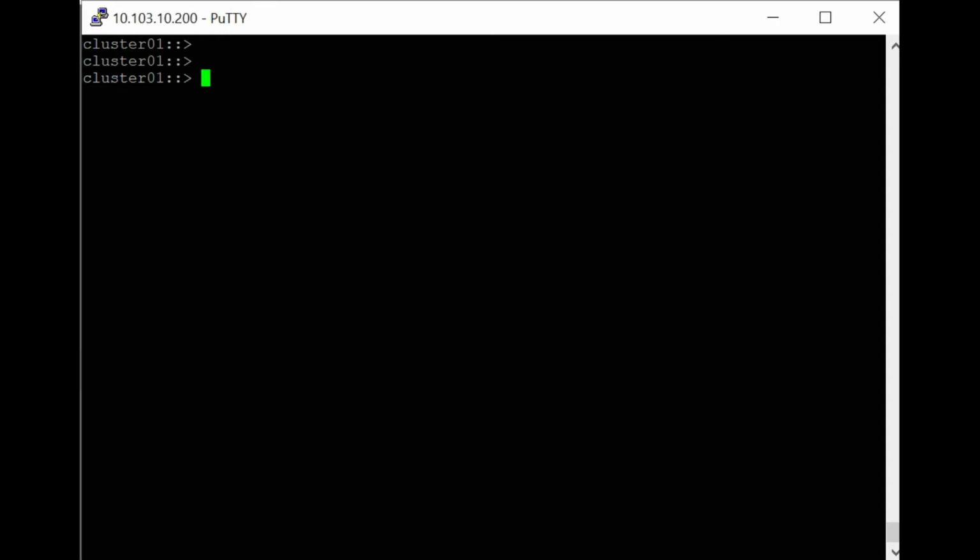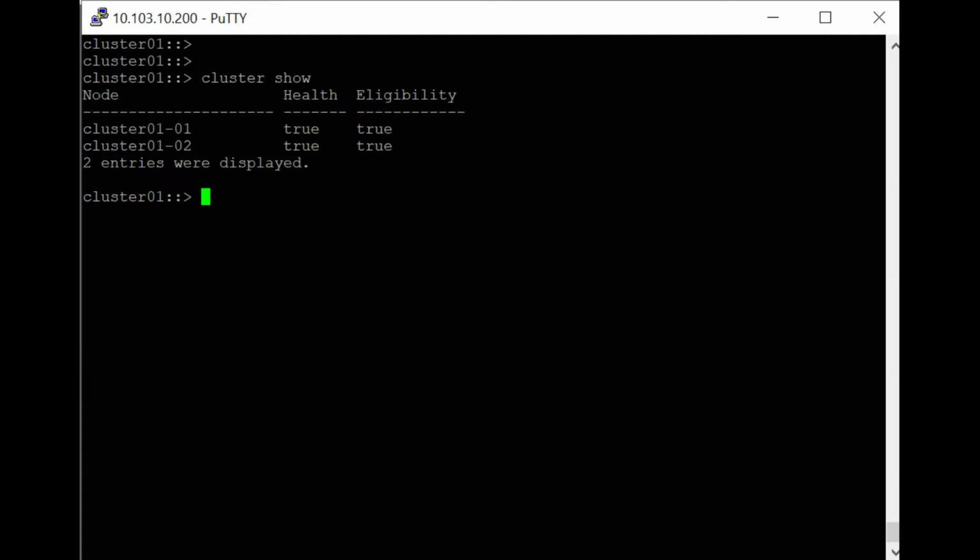So SAN storage has a cluster. Okay, so let's do a cluster show. Here's the cluster. So this cluster contains two nodes, node number 1 and node number 2. So this could be called a node or a controller.